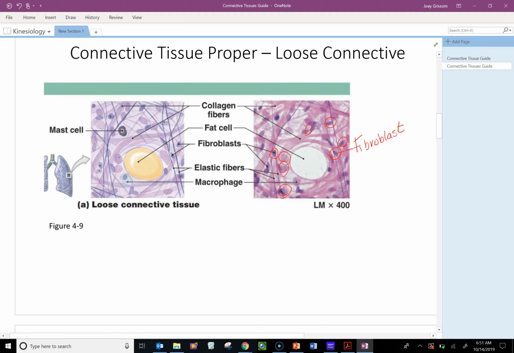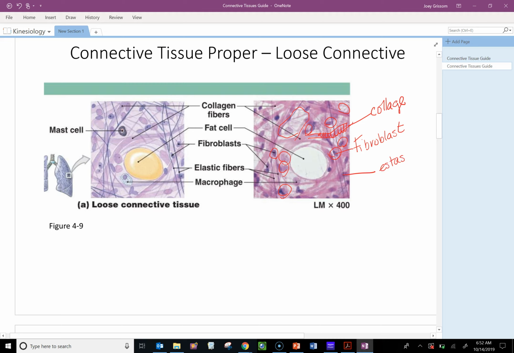What fiber am I seeing the most of? Looking here, there's lots of transparent space going on in these different areas, but I'm also seeing a lot of these really thick, kind of pinky, hard to see fibers. This is going to be collagen. So loose connective tissue will have an increased amount of collagen compared to the rest of the different types of fibers, but you will see the occasional elastic fiber.